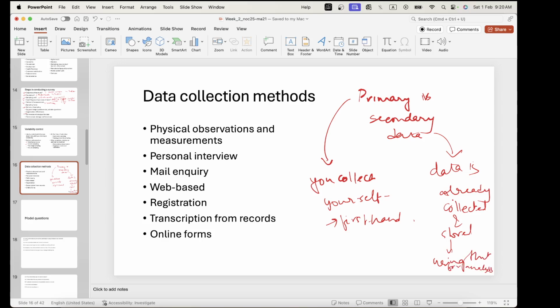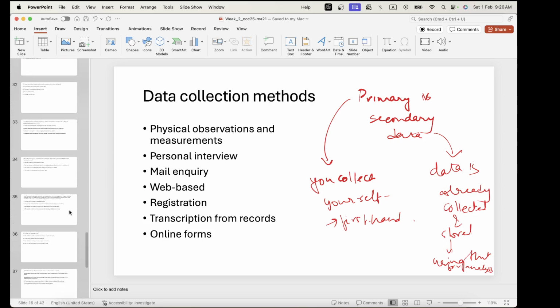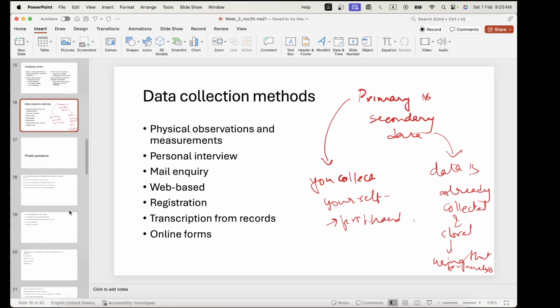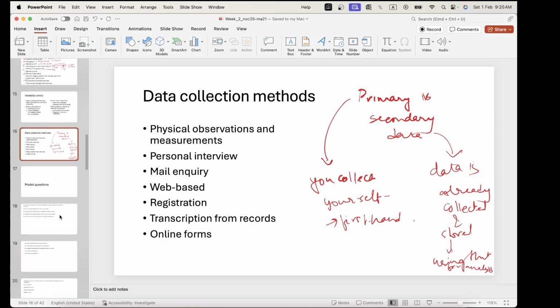So this is secondary data. Each type of data has its own advantages and disadvantages, a couple of which we are going to discuss in the next session. So here are 25 questions that I would like to answer.